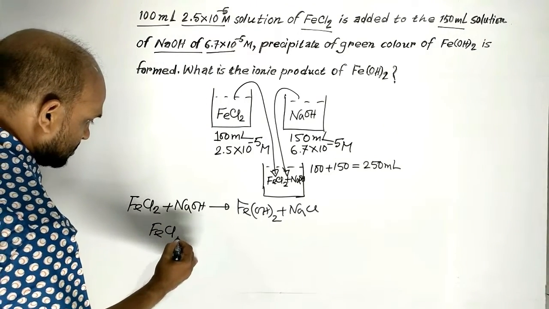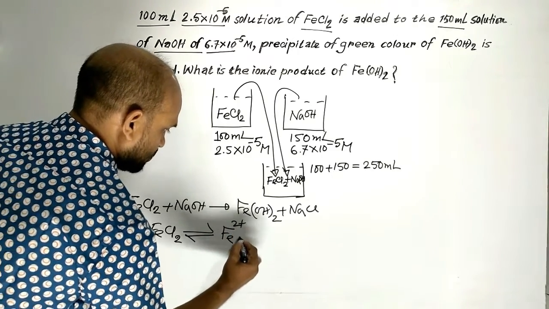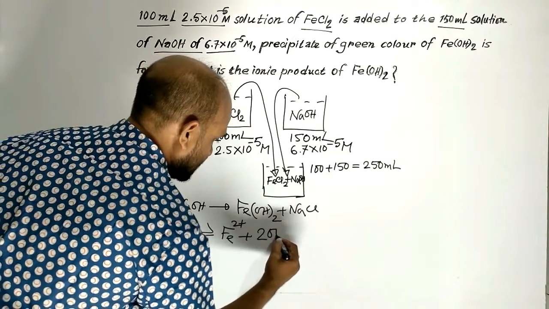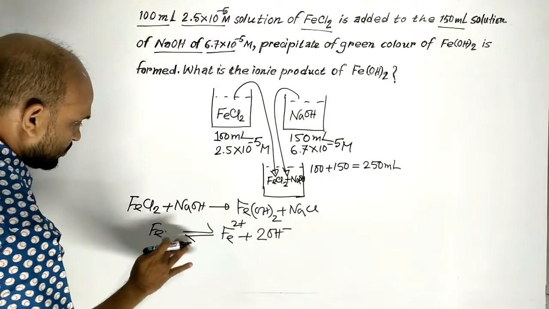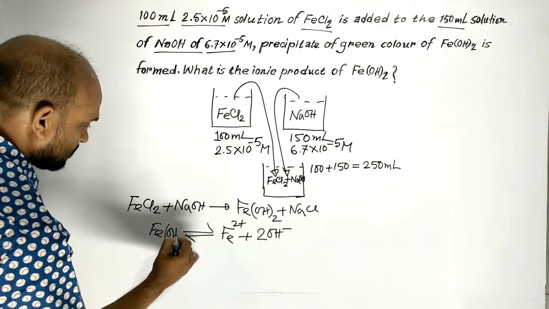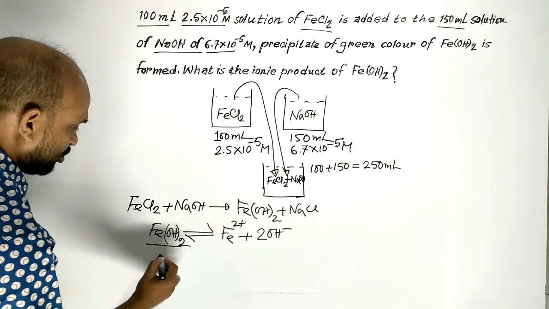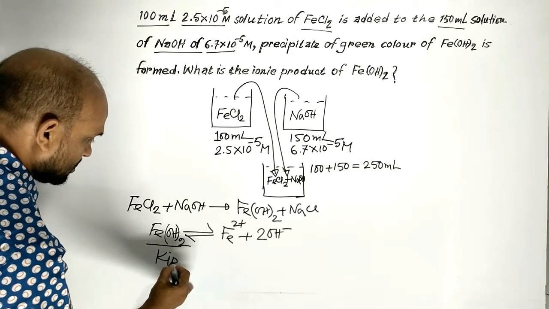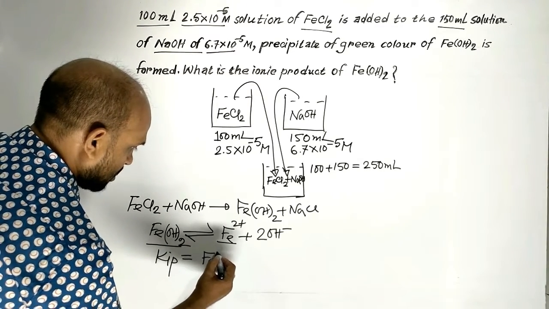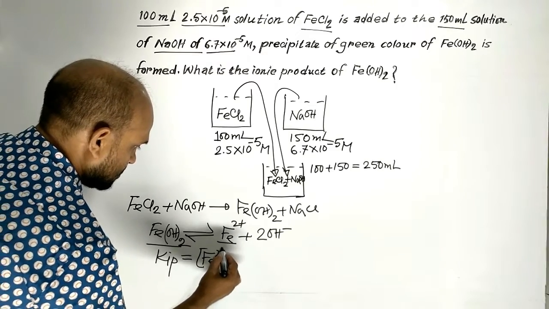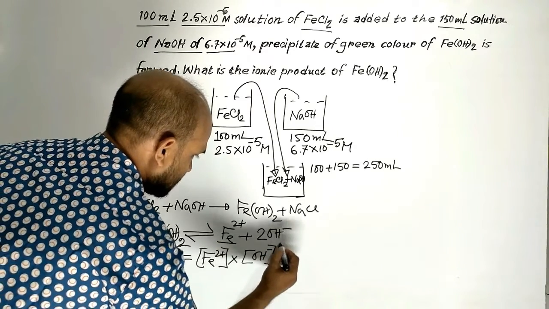Ferrous hydroxide ionizes in this way: ferrous 2 plus ion and 2 hydroxide ions. If we want to calculate ionic product of ferrous hydroxide, then we need concentration of ferrous ion times concentration of hydroxide ion.